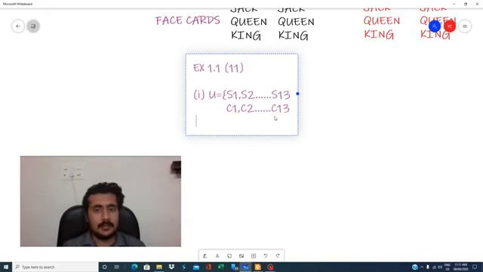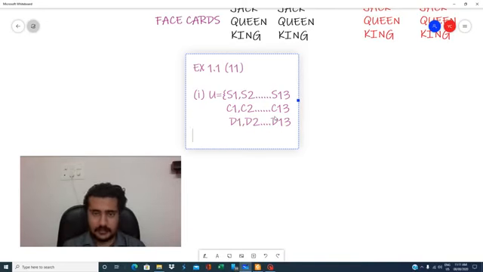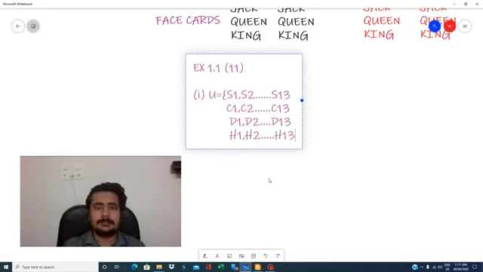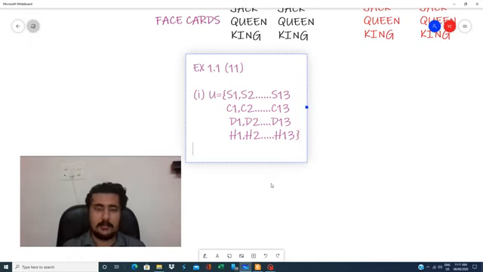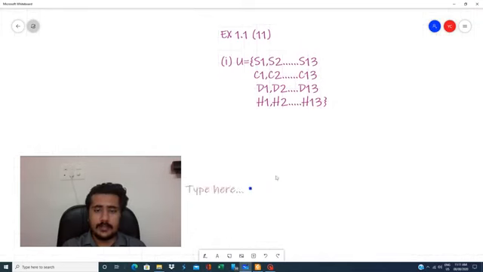Then D1, D2, up to D13, then H1, H2, up to H13. Okay, so these are 52 cards. So I made the sample space. Then let's jump to the second question.